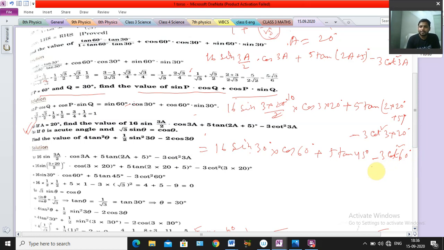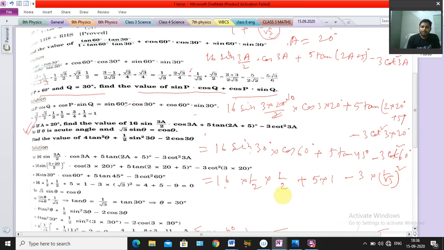Okay, now put the value, sir. 16 sin 30 means, sir, what? Sin 30 means 1 by 2, cos 60 also 1 by 2. Okay, plus 5 tan 45, sir, what? Tan 45 is 1, minus 3 cot 60, sir, 1 by root 3, and the whole square was there, put the whole square here.